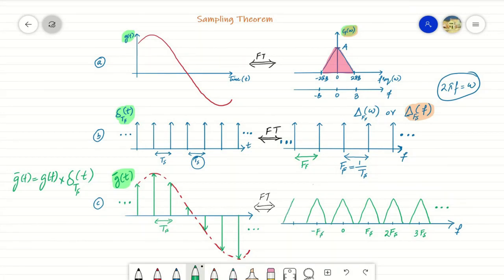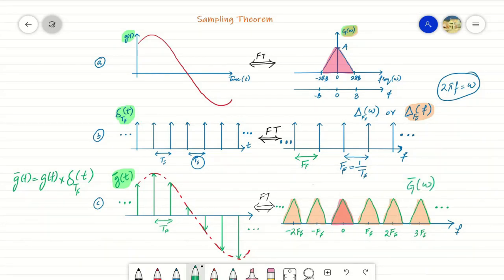That is a copy at minus fs Hz, a copy at minus 2fs Hz, a copy at minus 3fs Hz, and so on. So we have an original copy centered at 0 frequency, while its images can be seen separated from it at fs Hz, 2fs Hz, 3fs Hz, and so on.